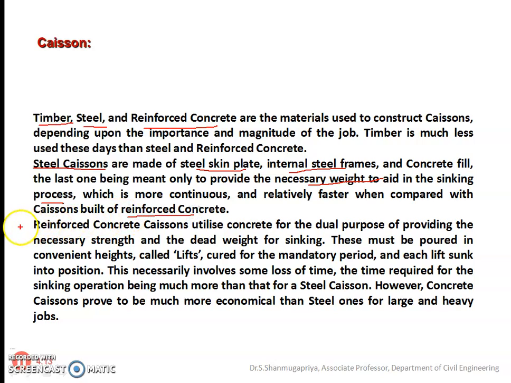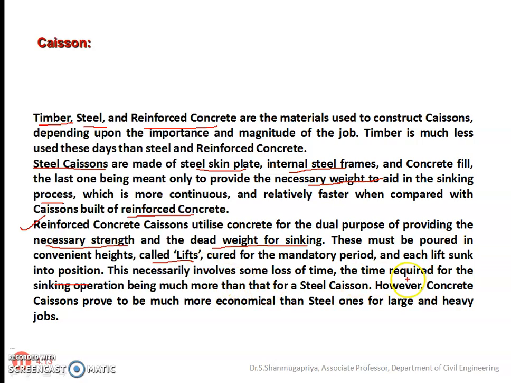The third type is the reinforced concrete caisson. These caissons utilize concrete for a dual purpose. One is giving the necessary strength, and the second is that the dead weight of the concrete is used for the sinking process. Here the concrete must be poured in convenient heights which are called lifts, and they should be cured for a mandatory period, and each lift is sunk into position.